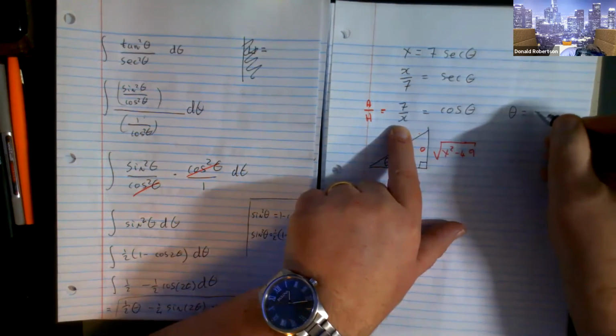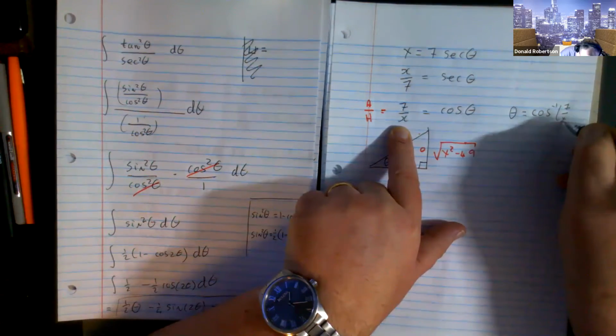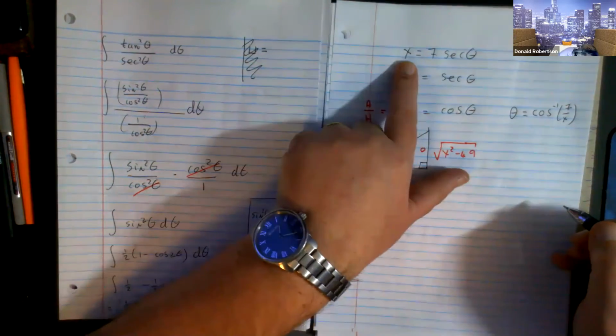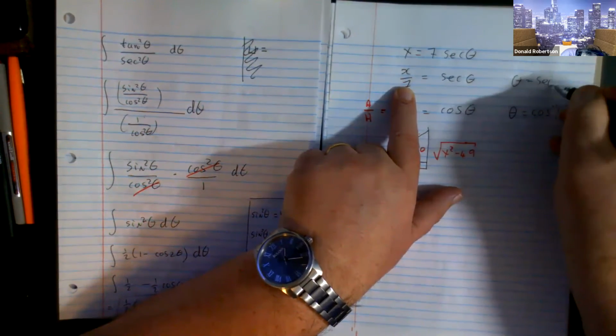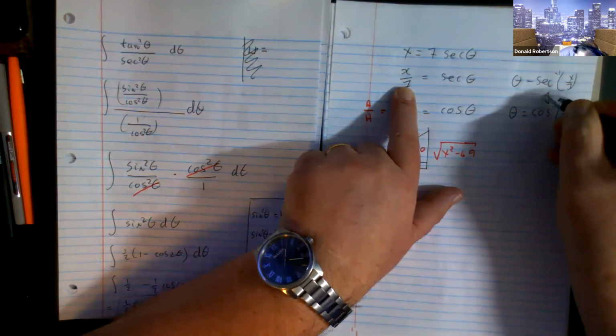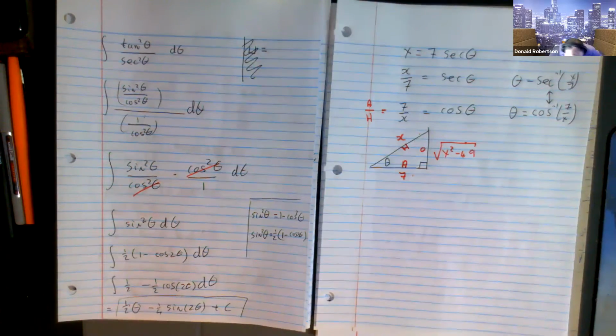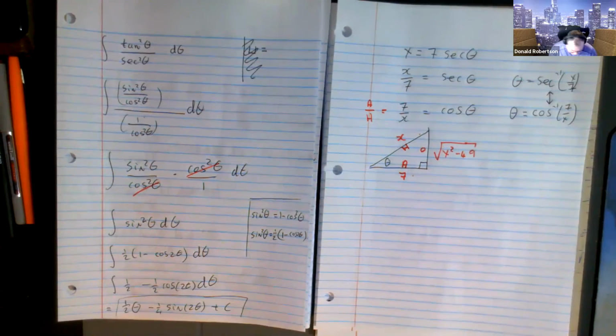That makes theta the inverse cosine of that guy. You are, of course, allowed to use this fella, which makes it the inverse secant of x over 7. These two things are exactly equivalent and therefore are both fine. Either one of them will do. So that's what theta is.